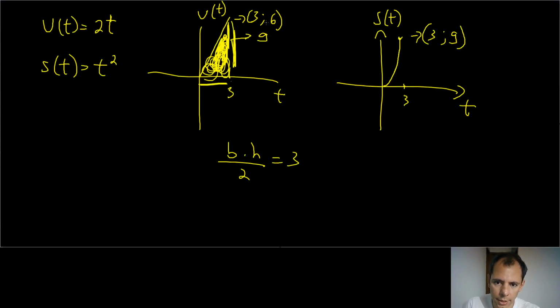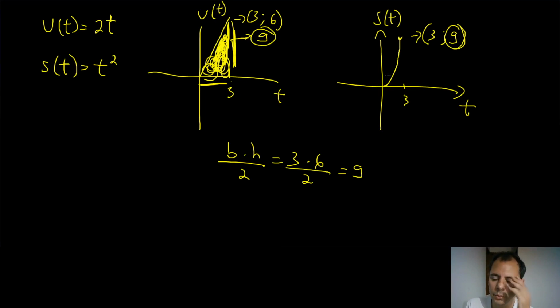What is this height here? It's 6, divided by 2. 18 divided by 2 equals 9. See, the area here is 9. You got just one point in here in the integration graph, which is 9. So that's it, guys. Yeah, for now that's it.